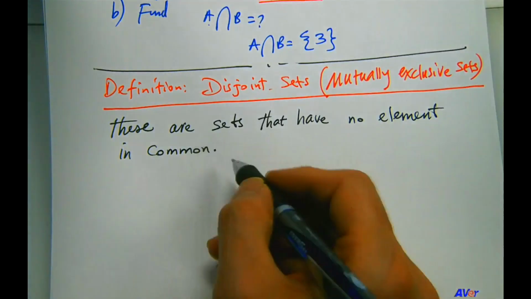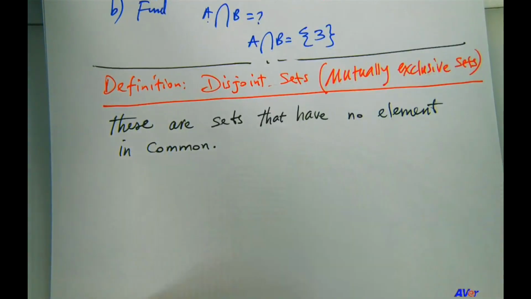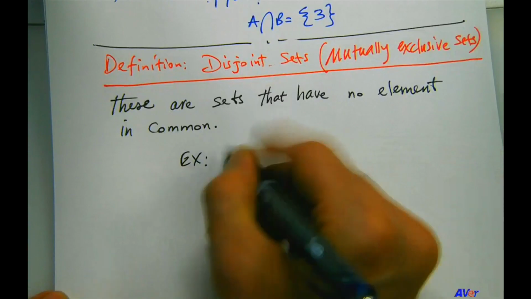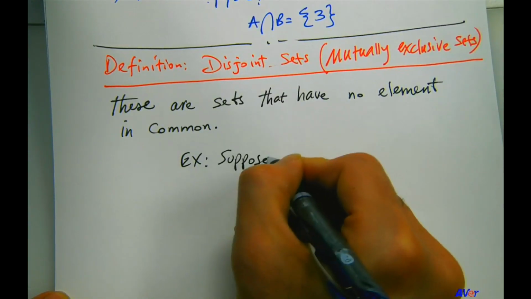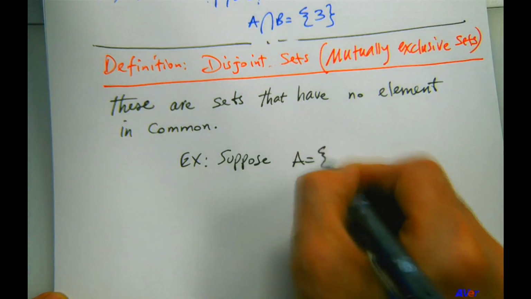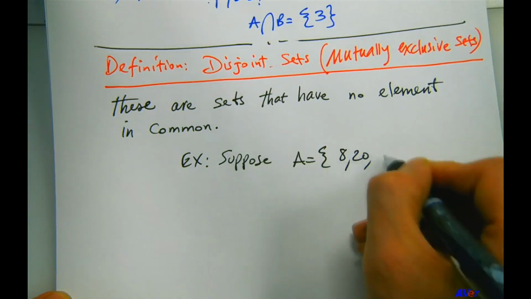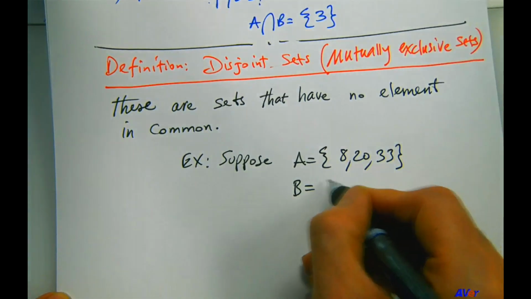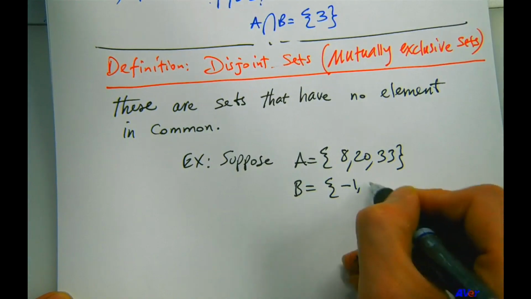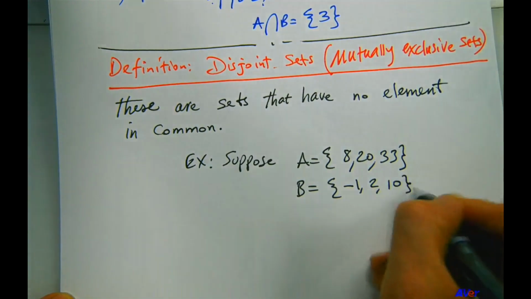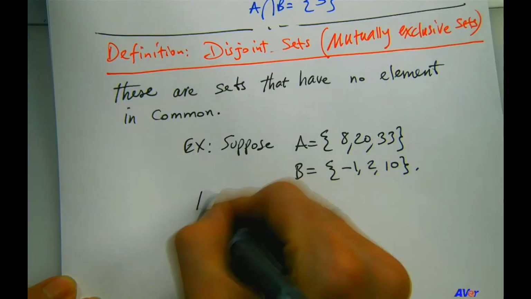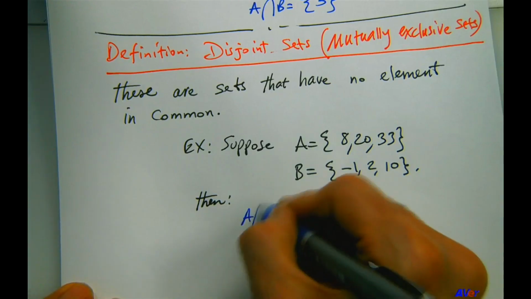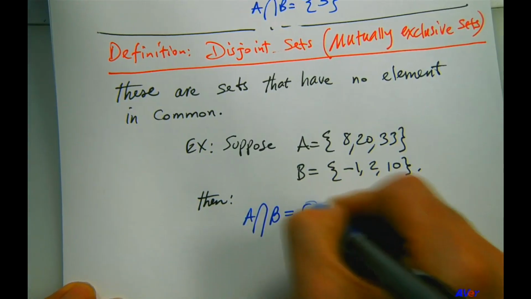And so let's give an example of this. Suppose set A is 8, 20, and 33, and set B is -1, 2, and 10, then A intersection B is just the empty set.